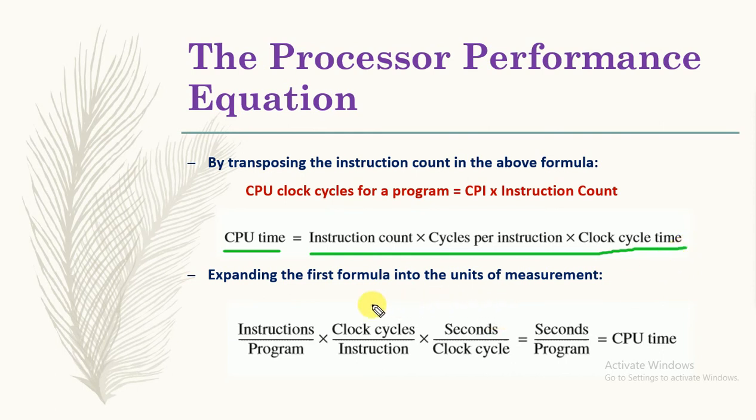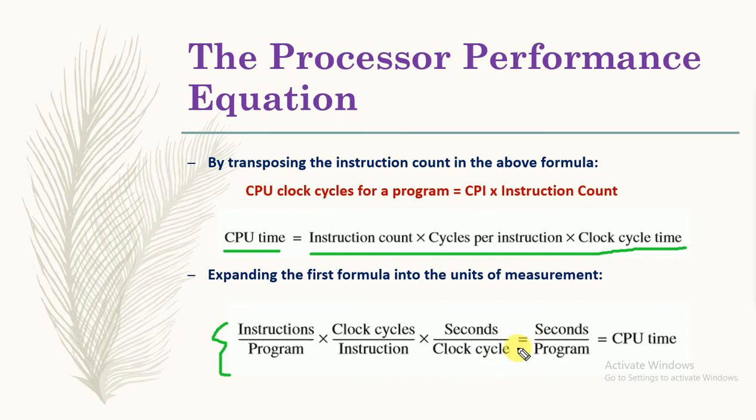Now by expanding this: instructions per program, that is the instruction count, times clock cycles per instruction, that is cycles per instruction, times the clock cycle time, that is seconds per clock cycle.